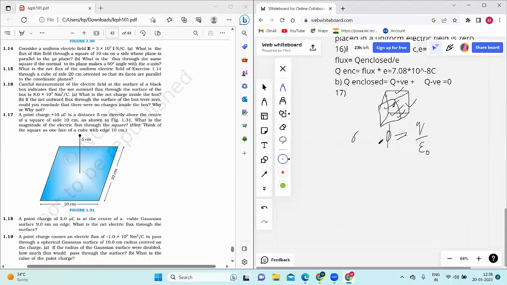So it's the flux due to all the faces. As the cube has 6 faces, the flux linked with a single face will be q by 6 epsilon naught.